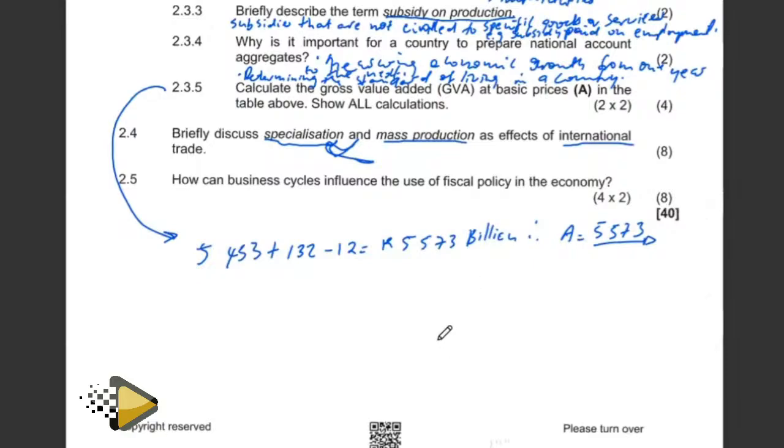If you still remember, whenever we talk of international trade we refer to buying and selling of goods and services amongst different countries. When we talk of mass production, we check the production of goods and services in larger quantities. And then we have specialization, where an economy is concentrating on producing certain goods and services as compared to other countries.